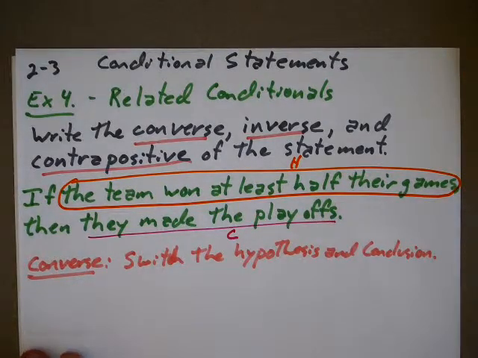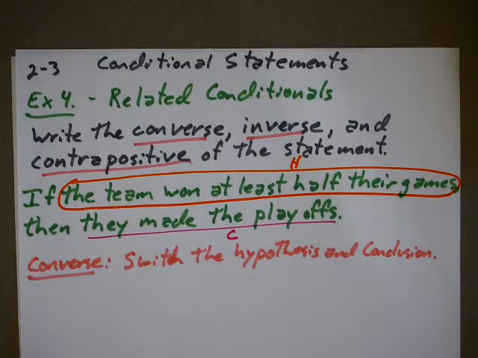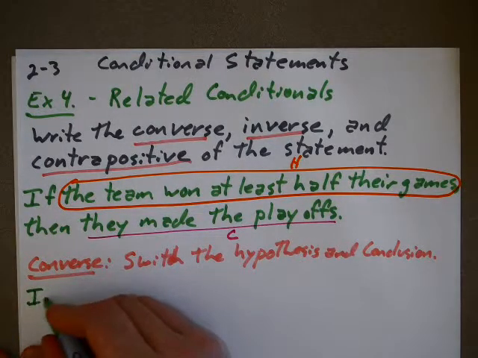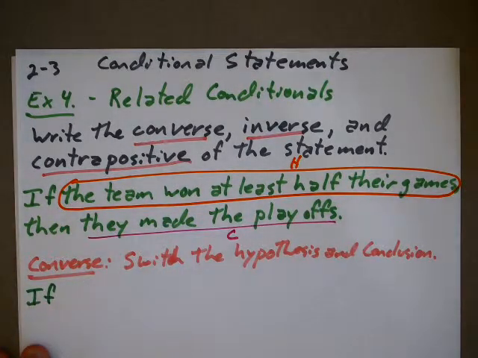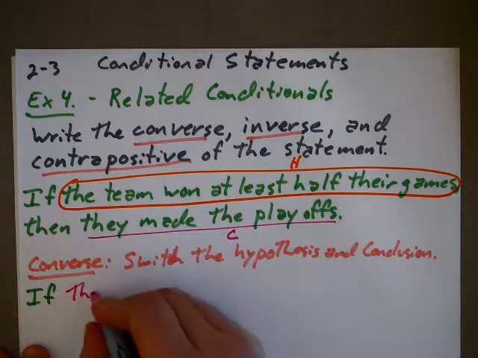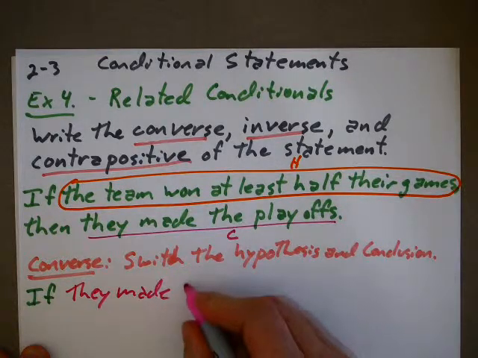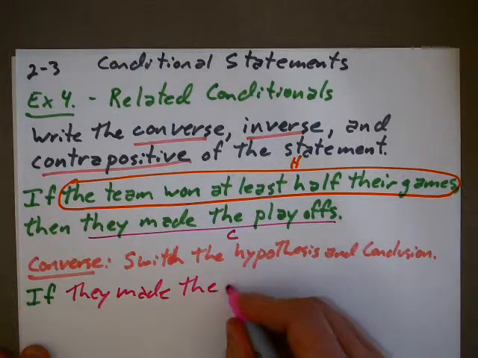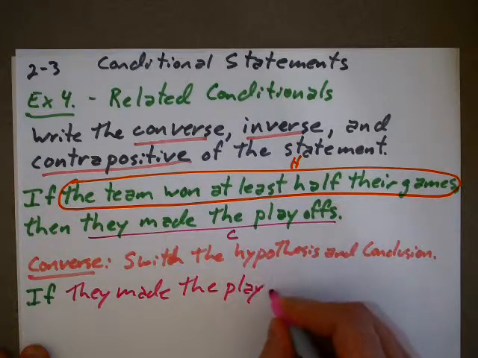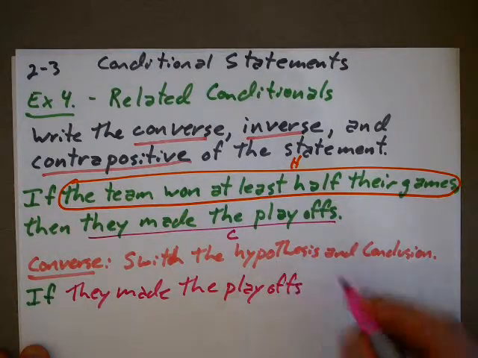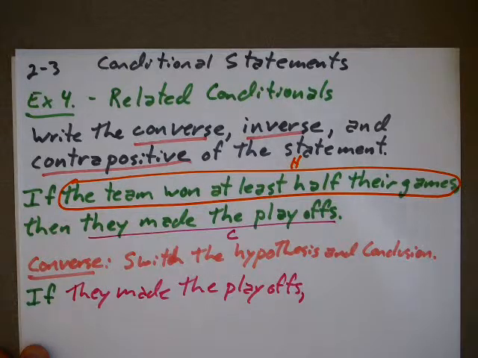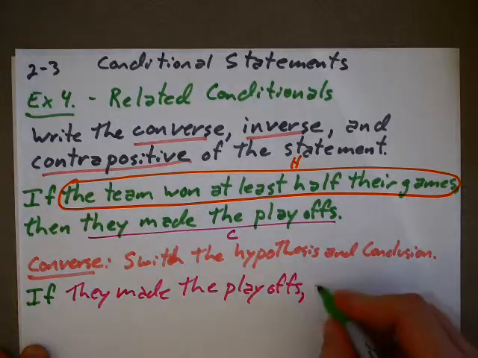So to write our converse, we have to switch those with each other. You're going to start off with the if, and then instead of writing the hypothesis, you're now going to write the conclusion. If they made the playoffs, comma. Then you're going to write the then.